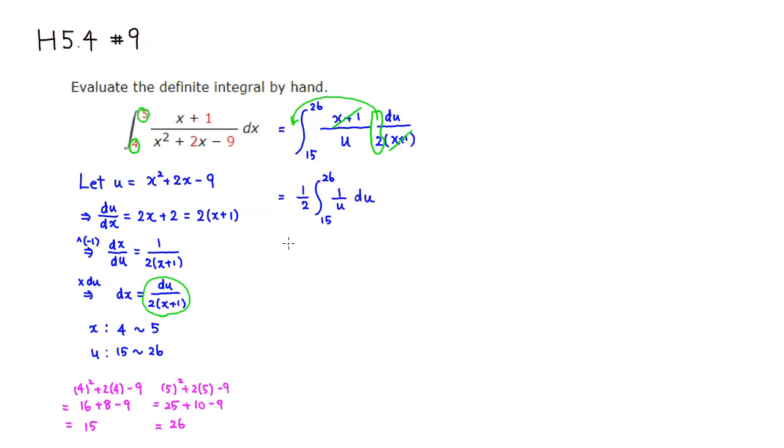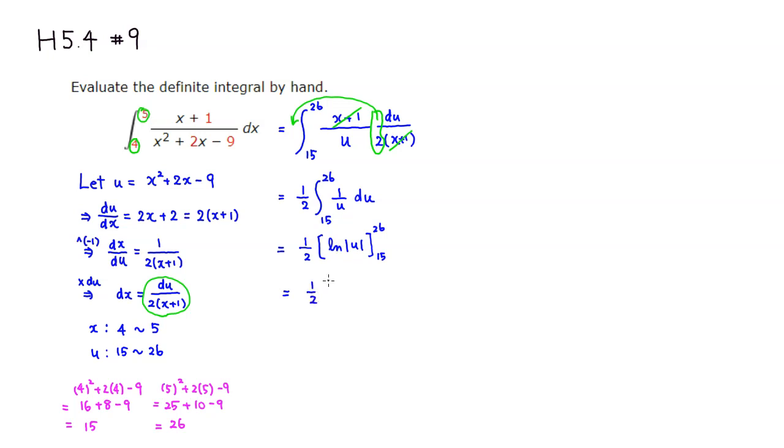As we know, an antiderivative of 1 over u is the natural log of the absolute value of u, though the absolute value really doesn't do much in this case. So you have 1/2 natural log of absolute value of u, going from 15 to 26.